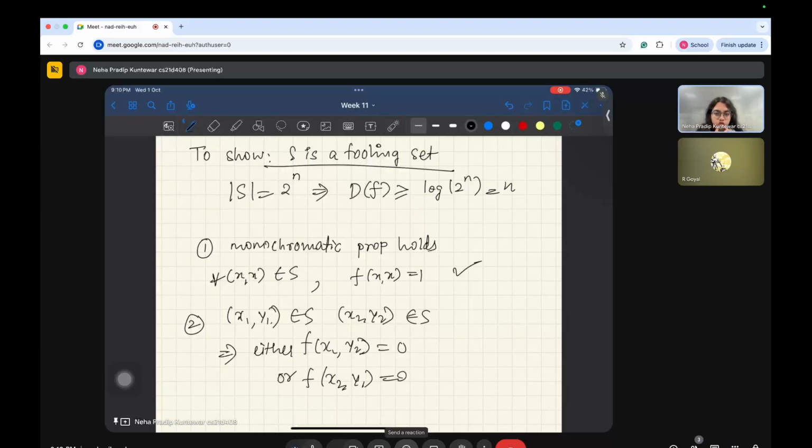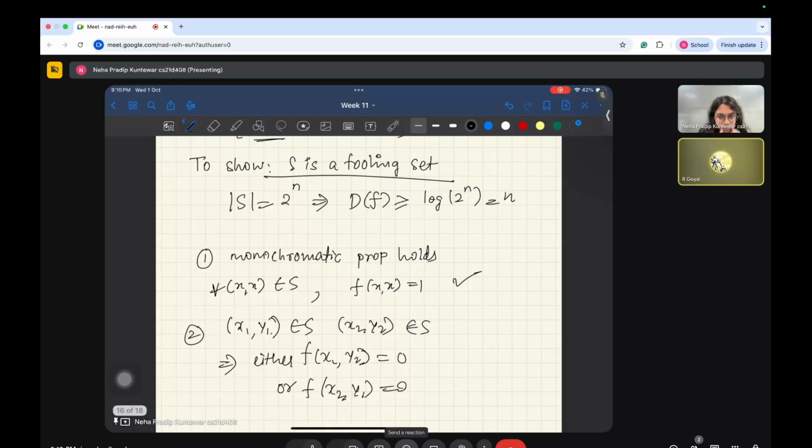This is what we want to show. For this, say 1 comma 1 is an element of S, 2 comma 2 is also an element of S. So either we need to show that f of 1 comma 2 is 0, or f of 2 comma 1 is again 0.